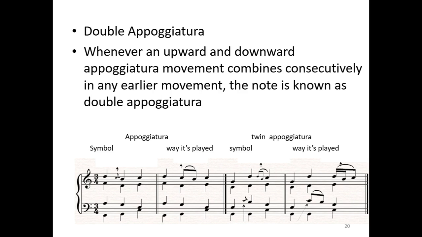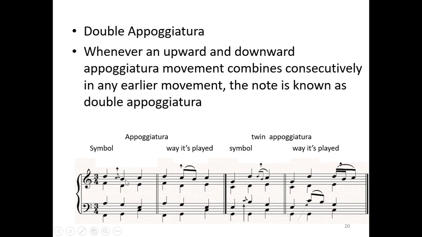And you can see again how it is written. You see the normal Appoggiatura on the left, and then you can see the twin Appoggiatura or the double Appoggiatura on the other side. How it is written, the symbol is there in the first bar, and in the second bar you see how it is played.